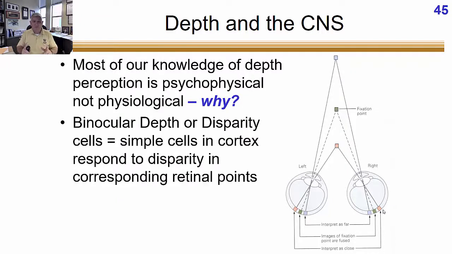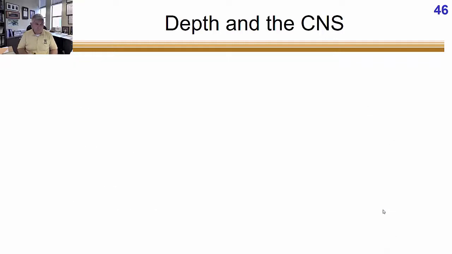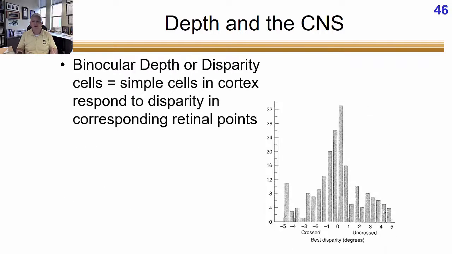We can find simple cells in the cortex that respond to zero disparity and then respond to other degrees of disparity, right? Zero disparity meaning that the object is on the horopter, or greater disparity meaning that it's not, either crossed or uncrossed. Here's an example of a zero disparity cell in V1, a simple cell that has a tuning curve.